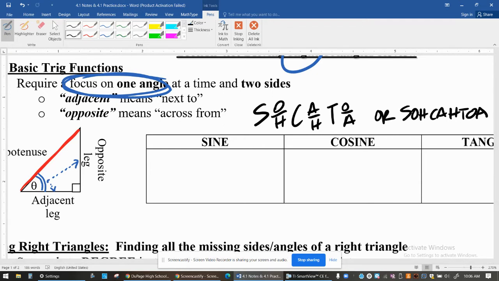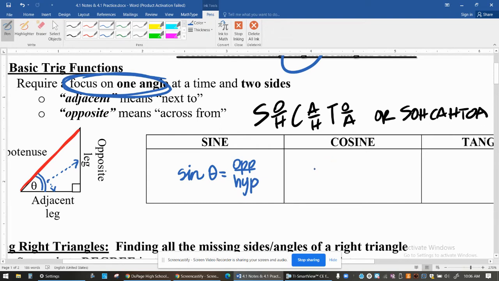When you are talking about a specific angle, you can describe it with these functions. The abbreviation for sine is SIN. The sine of the angle is a ratio: the opposite leg over the hypotenuse.